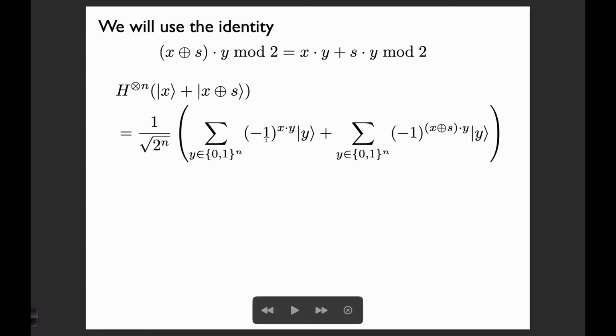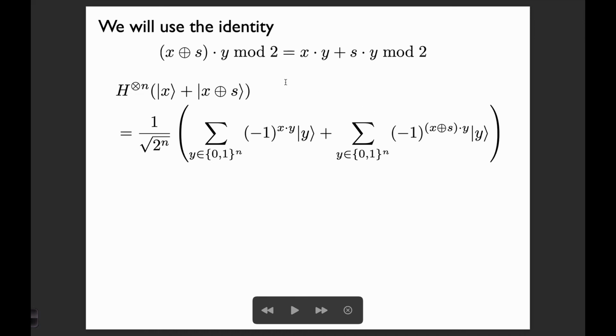Here I've written out what we know the Hadamard does to a basis vector. The Hadamard acting on x is a sum over all y of minus 1 to the x dot y, and for the state x XOR s, it's the same thing, except that in the exponent I have x XOR s dot y.